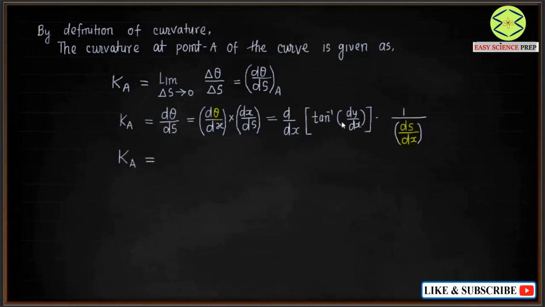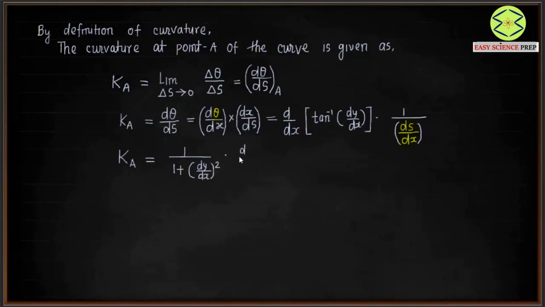Now the differentiation of tan inverse is 1 divided by 1 plus dy by dx the whole square, and we'll be using the chain rule, so that is d by dx of dy over dx.